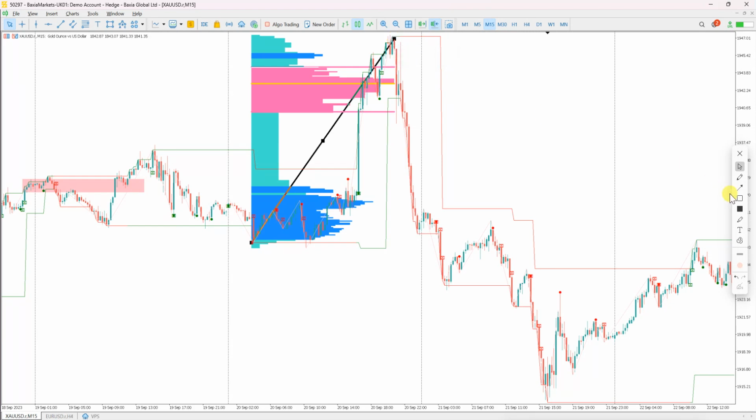Okay, pay attention to this bullish FVG candle. It appears in the low value node. Okay, and then the price just reversed sharply, very sharp, and it broke all the swing lows here.